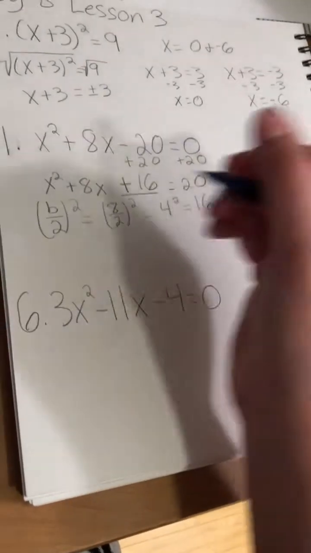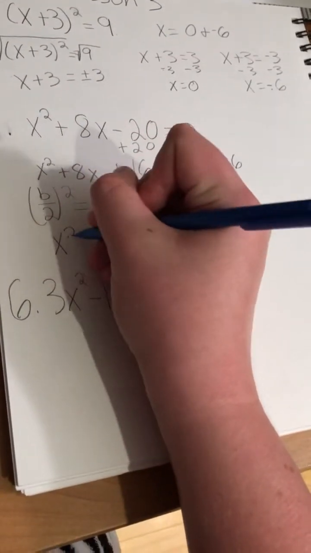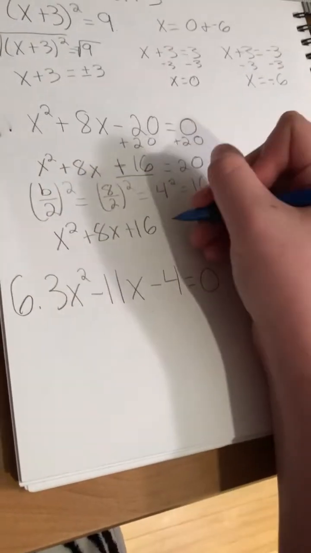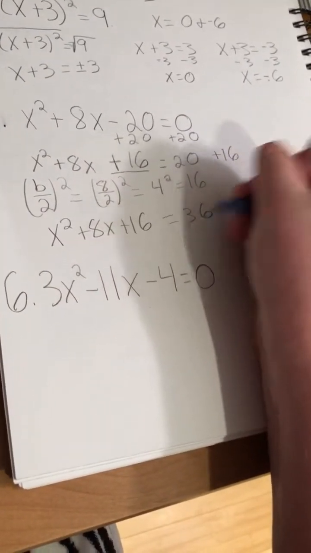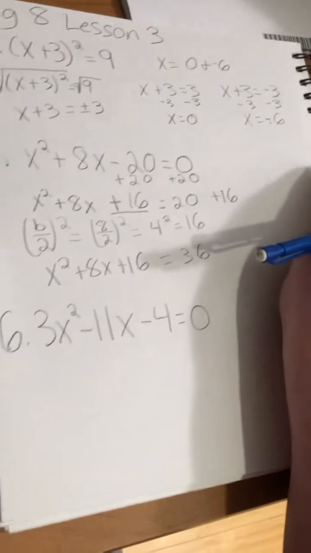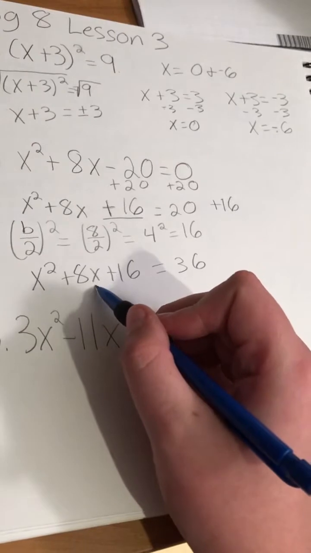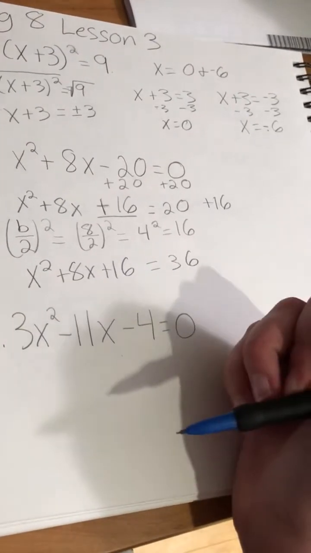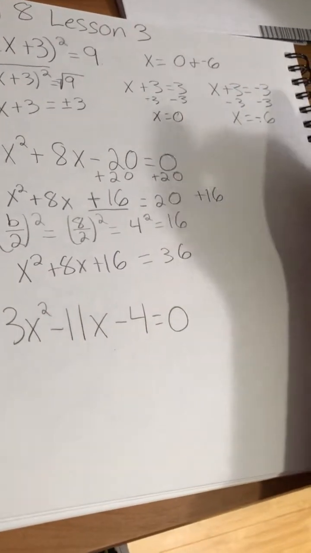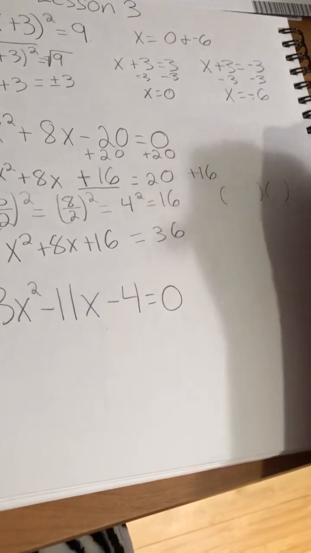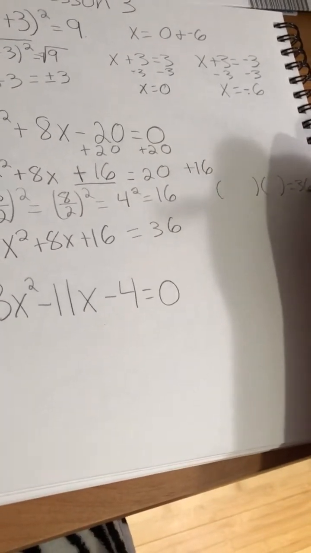So now once we simplify, we have x² + 8x + 16 = 36. Now because we completed our square, we know that we're going to get two factors that are the same. So we're going to have our two parentheses that equal that 36.